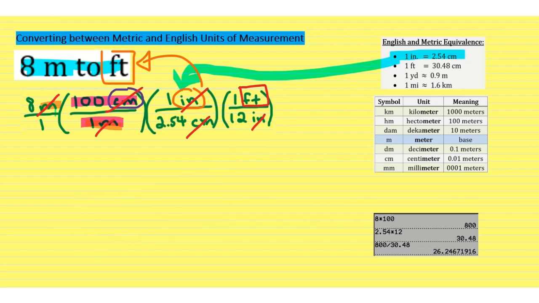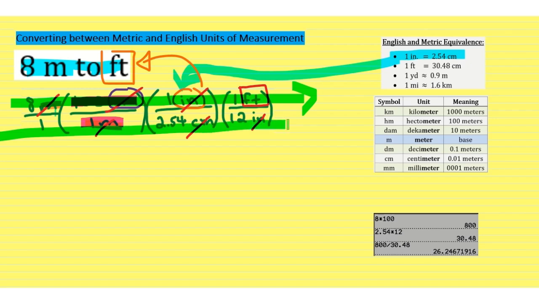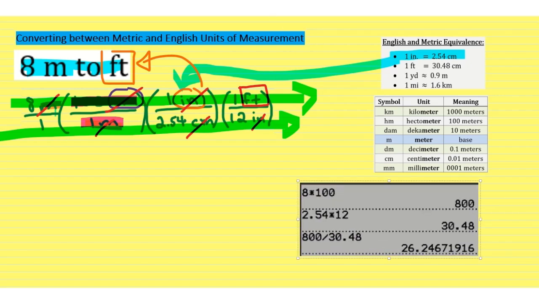So now we're going to do the calculations. We're going to multiply straight across the numerators and straight across the denominators. And it's going to give me some numbers, some figures. So let's see what they are. In the numerator, it's going to be 800.